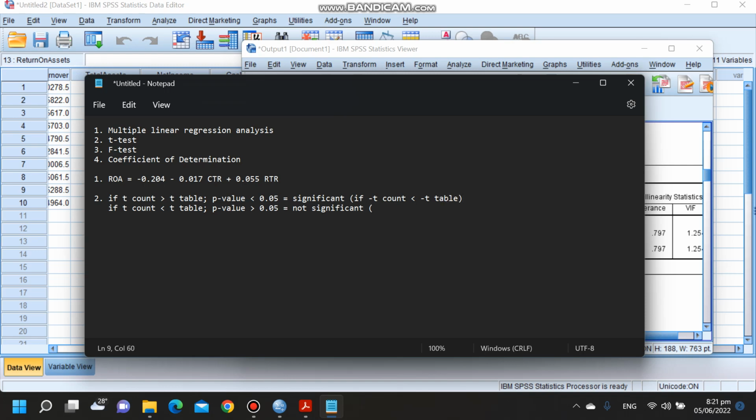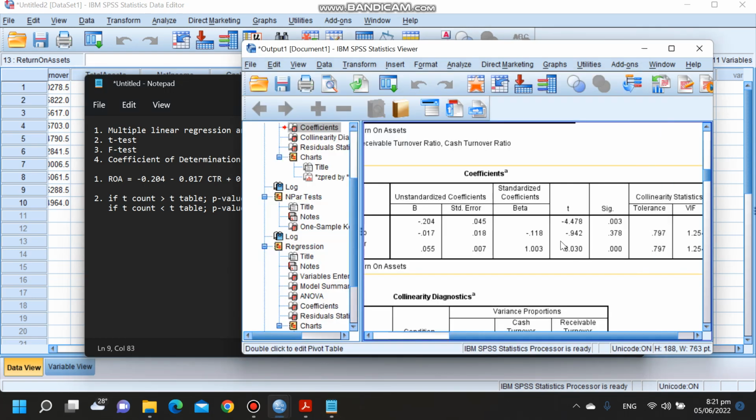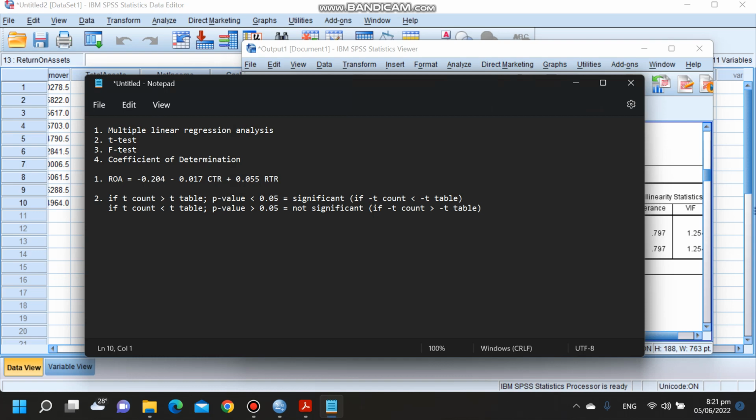For the negative one, this one is if the minus t count is more than minus t table. So as we can see here, for the cash turnover ratio, it is minus 0.942 for the t count.